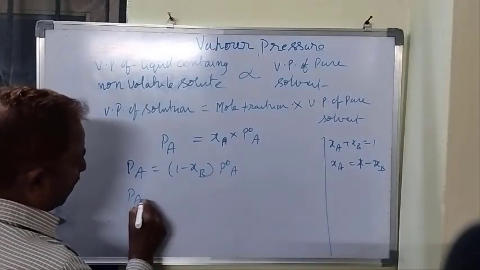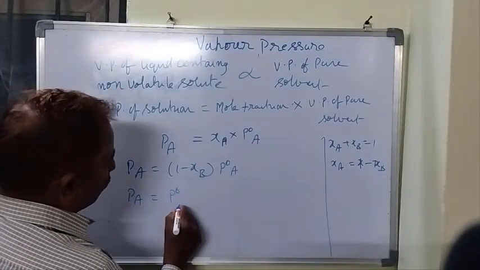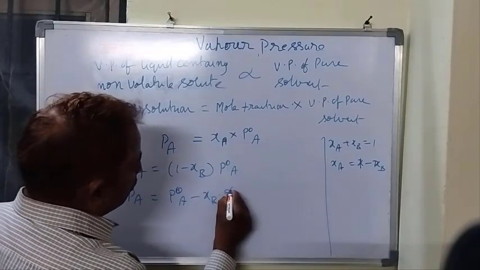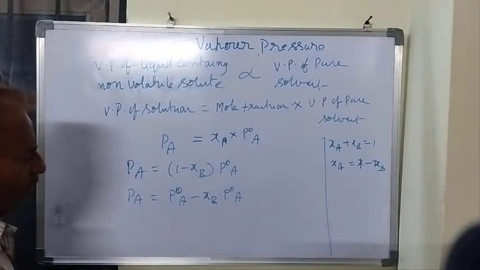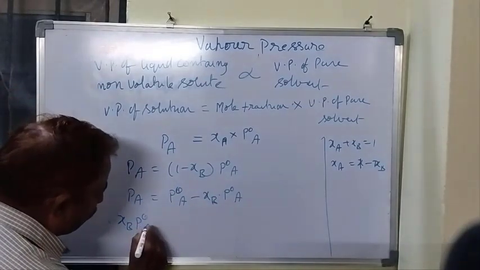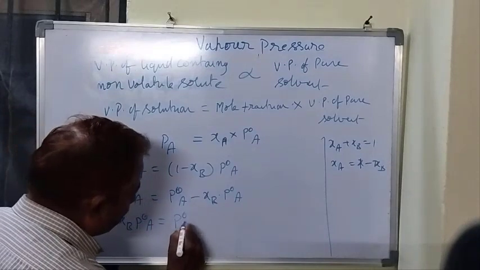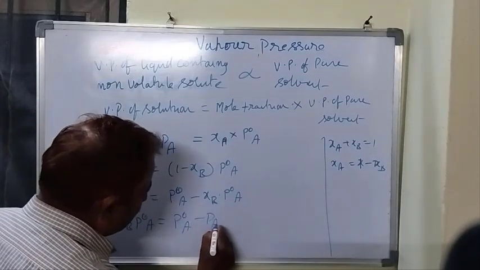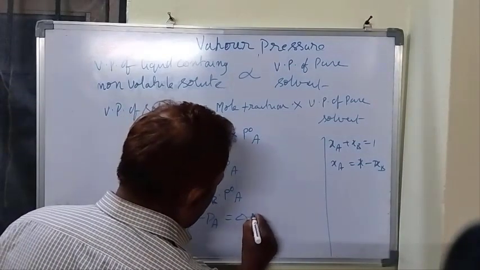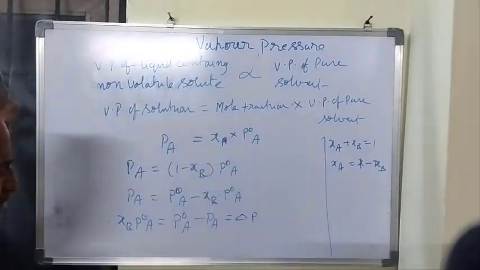So PA equals P0A minus XB into P0A. Now bring this to this side. So XB P0A is equal to P0A minus PA. What is P0A minus PA? It is nothing but delta P. Delta P means lowering of vapor pressure.